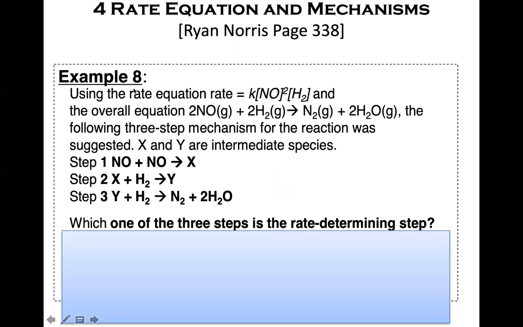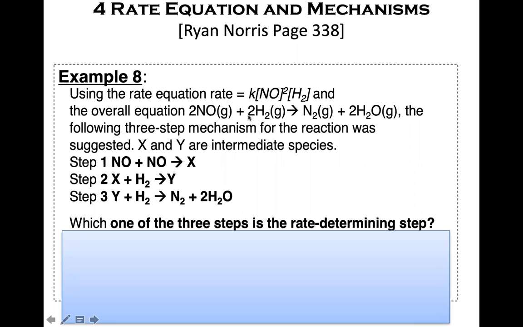Okay, example 8. The rate equation is: rate equals k, the rate constant, times [NO] squared times [H2], and the overall equation is this. Nitrogen monoxide reacts with hydrogen to form nitrogen gas and steam, H2O gas.